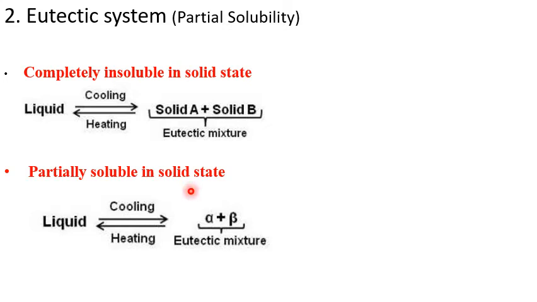Whenever we have partial solubility, we term the phases alpha and beta, where alpha is rich in A and beta is rich in B. Alpha is a mixture of A plus B where the concentration of A is more than B, and beta is the one where the concentration of B is more than A. The eutectic mixture here comprises alpha plus beta. With insolubility we get A plus B, but with partial solubility we get alpha plus beta.